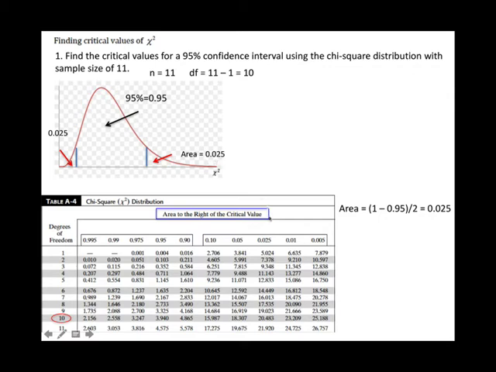So you look at the column for area to the right of the critical value, 0.025, and then the degrees of freedom row, and you get a chi-squared to the right of 20.483. This is how you find the critical value to the right.